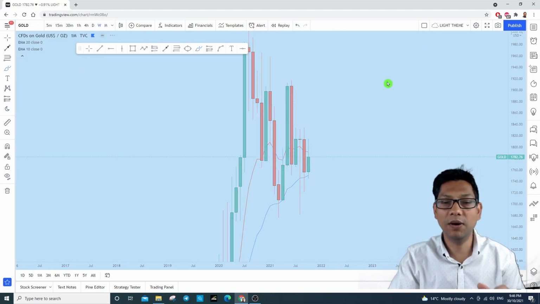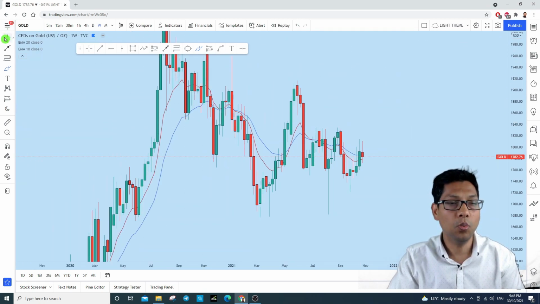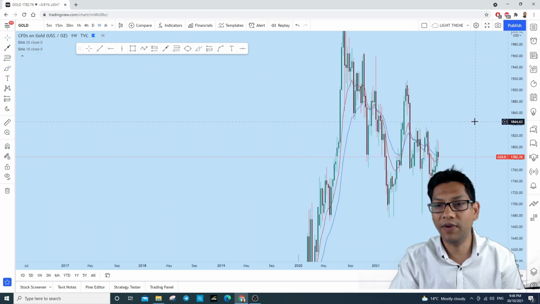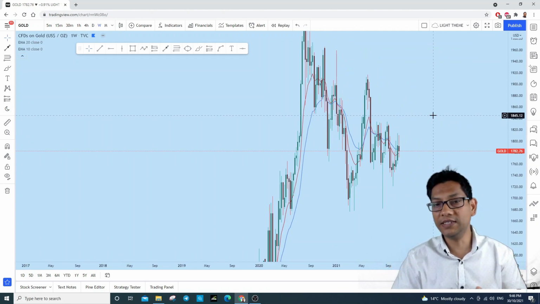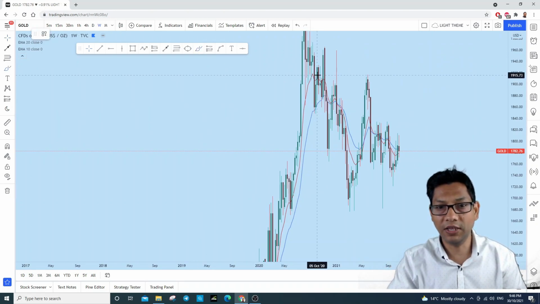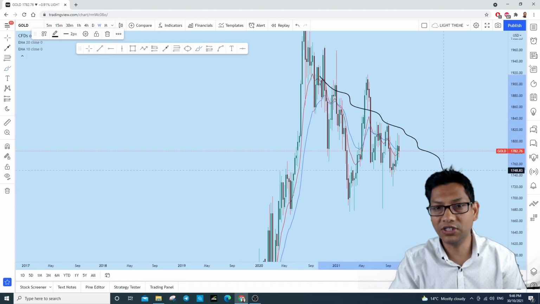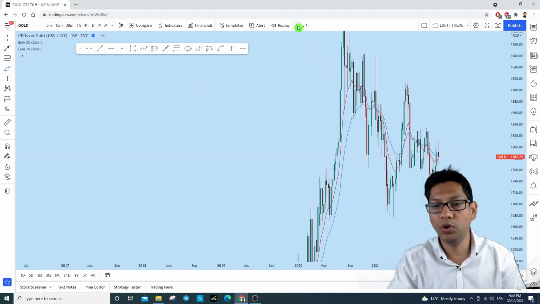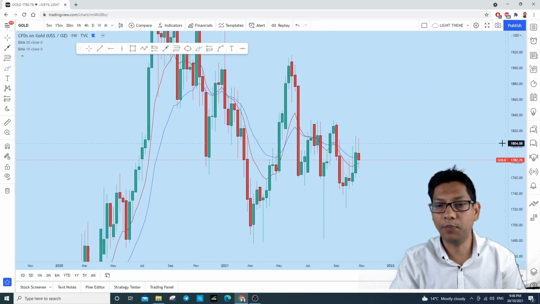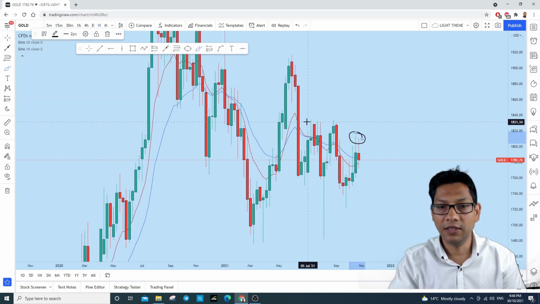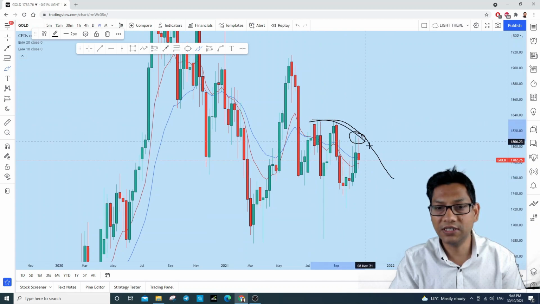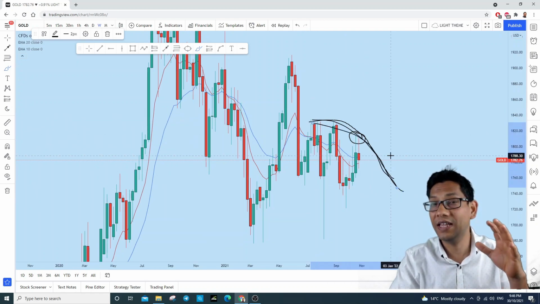Now let's jump on to the weekly time frame to see what kind of trading opportunity we have. Now on the weekly, as you see, this instrument was moving down along this channel, and we see that this channel is basically protected here. This is a strong resistance and the price couldn't break this level.